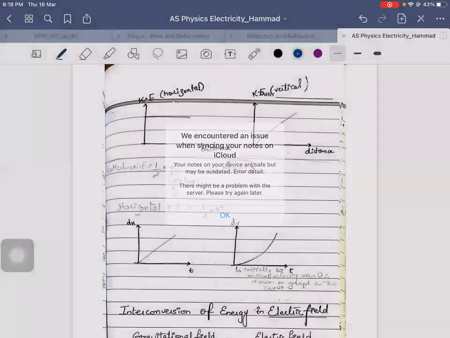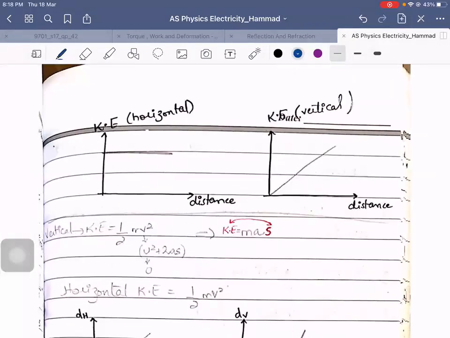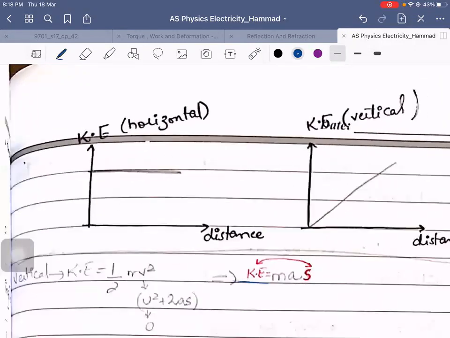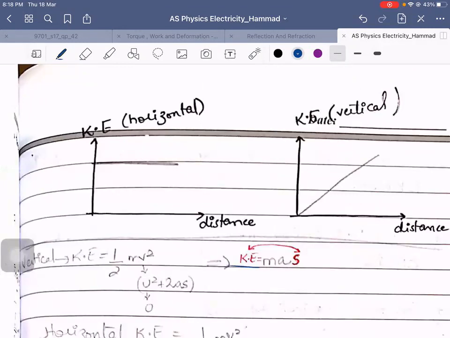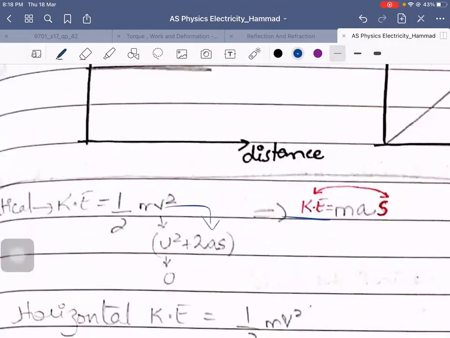Moving forward, if they ask you to draw a graph for the horizontal kinetic energy and the vertical kinetic energy, kinetic energy is equal to half mv squared, and you know for a fact that v squared is equal to u squared plus 2as.